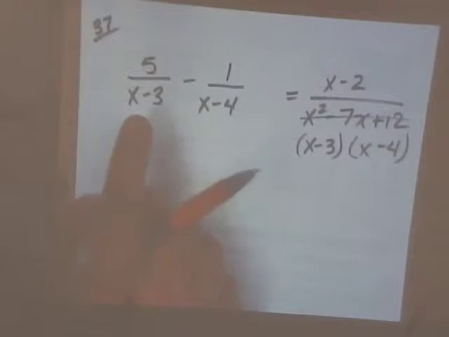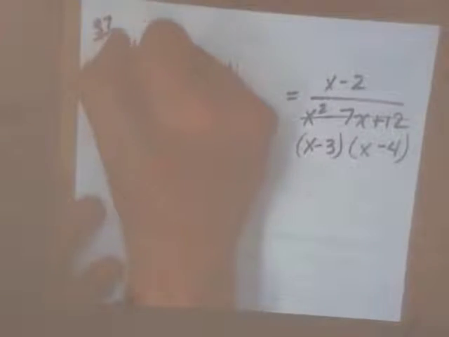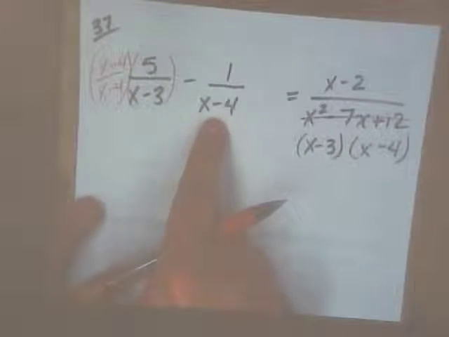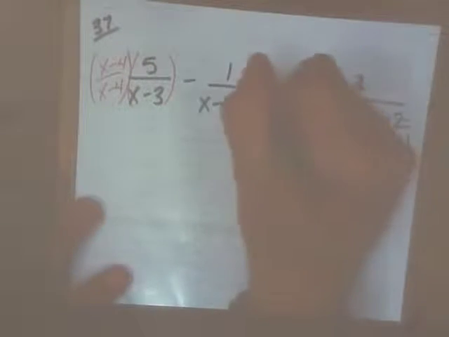What is this one missing? X minus 4. What is this one missing? X minus 3.